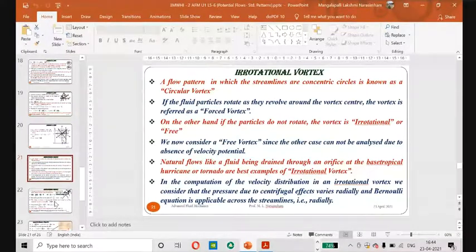You will see that there will be a rotational flow. That is a vortex, and that is not caused by gravity, but it is caused by the application of external force. So that is a forced vortex.